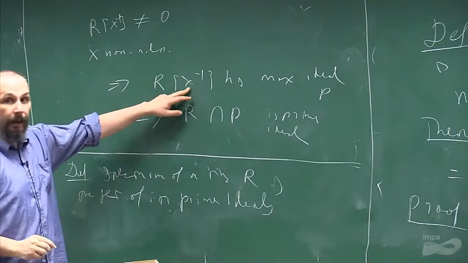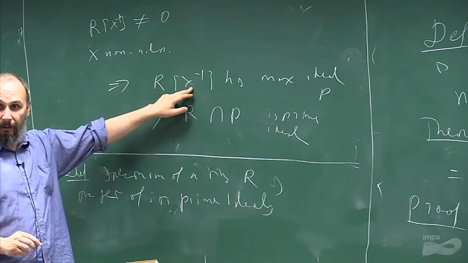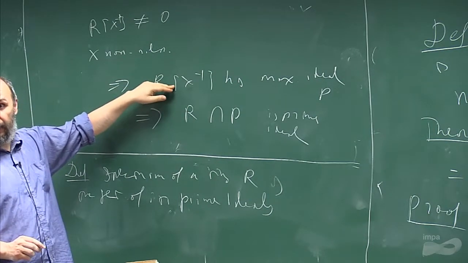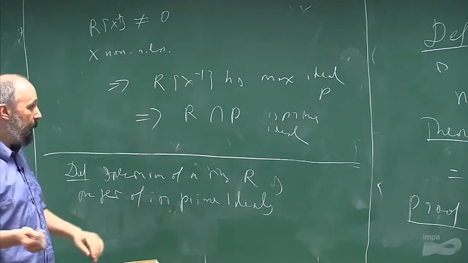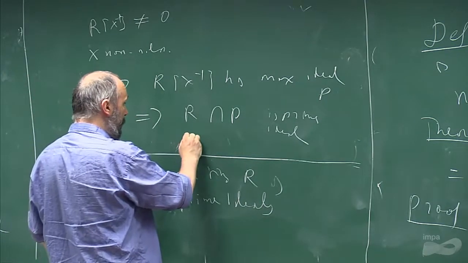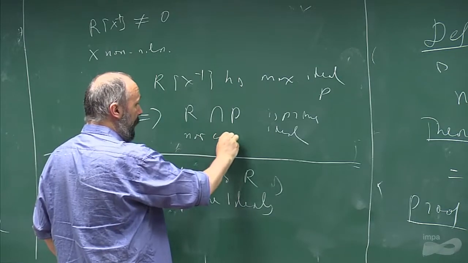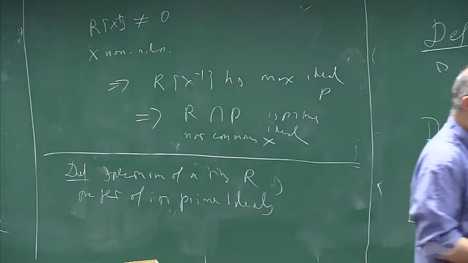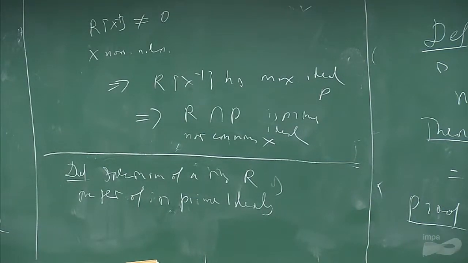Now this ideal can't contain x, because if it contains x, then it contains a unit in this localization, and this is impossible. So it does not contain x. That's all. So this result about localization in particular brings you such a theory.